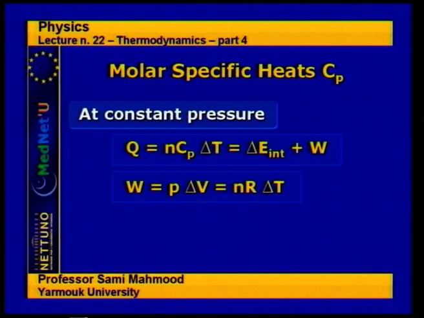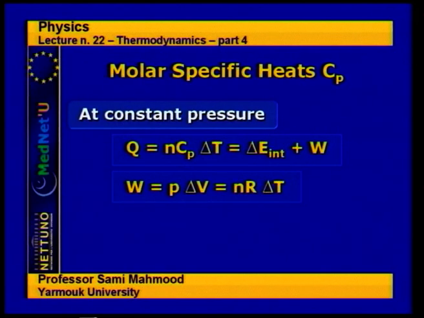And since the work done is equal to P times delta V, because it's an isobaric process, P is constant, then P times delta V is equal to nR times delta T.